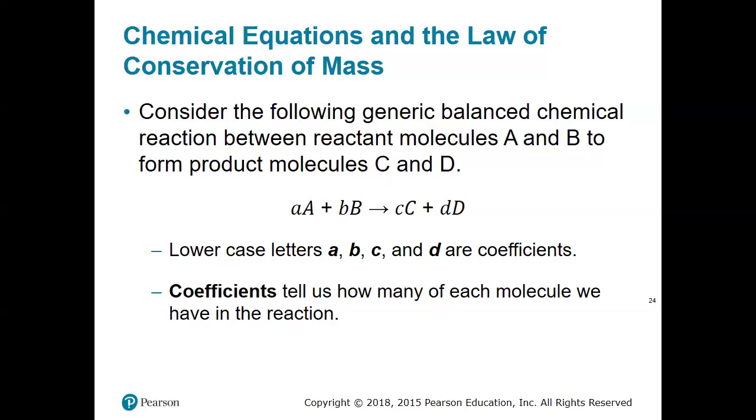Again, this is just a generic kind of setup. We would use this same setup for any number of reactants and any number of products. But the important thing to know is that the coefficients are what we change to help us get to the balancing, to help us get to the law of conservation that we're trying to meet.